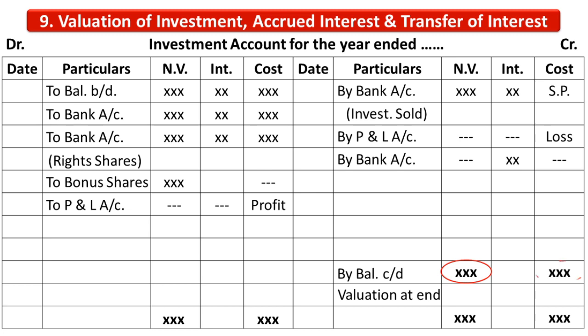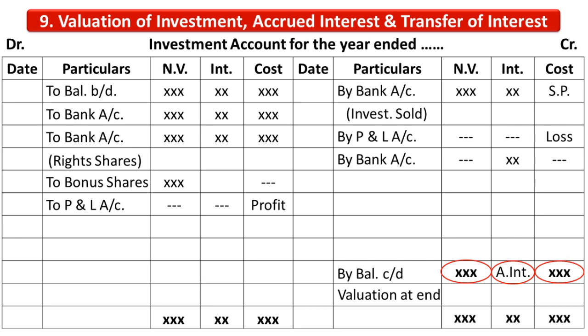In case of interest, we have to find out accrued interest or outstanding interest on the last day, and we have to write it on the last day with by balance carried down. We should take the total of credit side of interest column, and we will write it on the debit side.